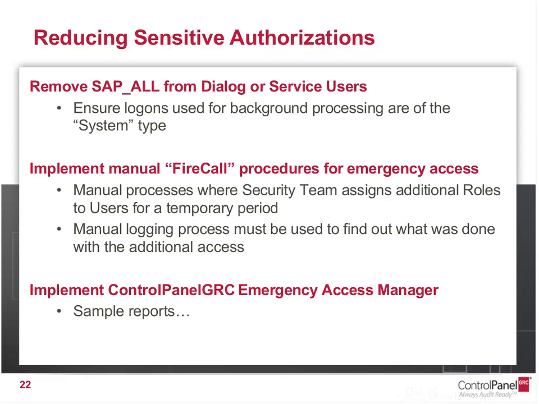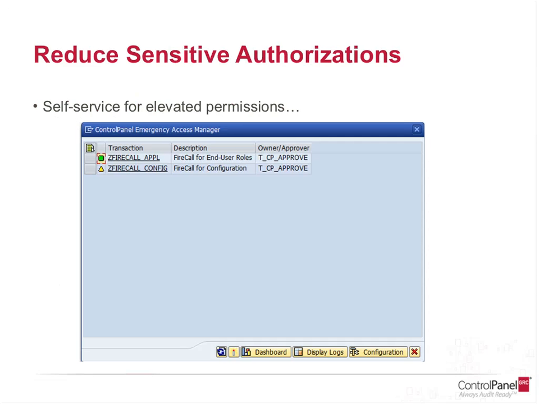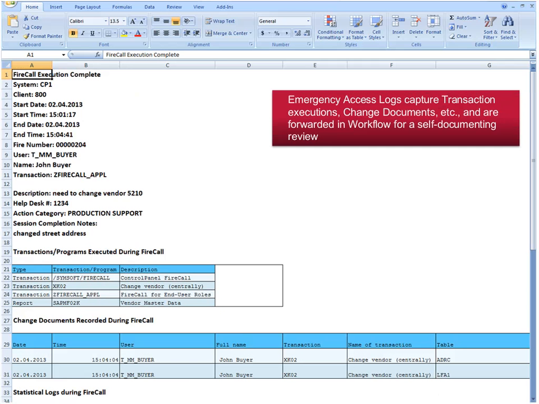There are probably people on the phone that use the SAP GRC Superuser Privilege Management, or firefighter, excuse me. We have an Emergency Access Manager with Control Panel GRC that does something very similar. So you have a self-service process for elevated permissions. You can go to this and get some additional capabilities. The capabilities are granted to your current ID without any generic logons in the current session. And then you've got documentation of what was done by that user so that you can get a sign-off.